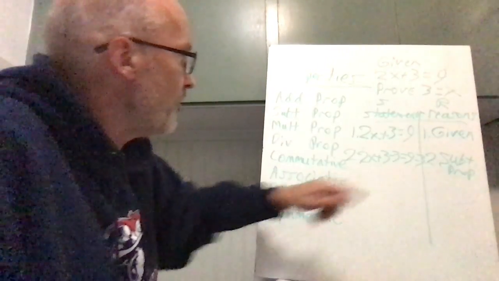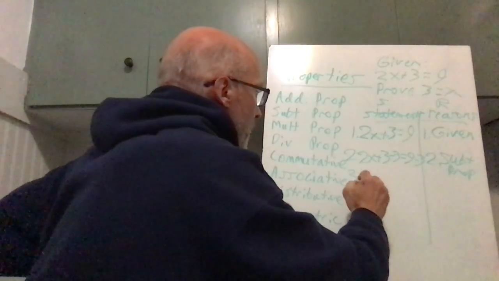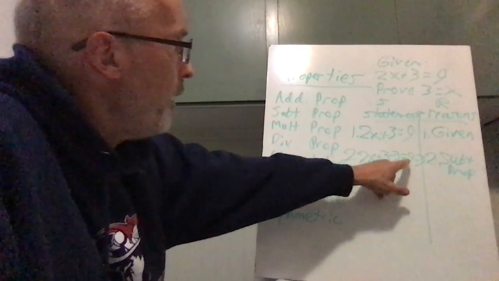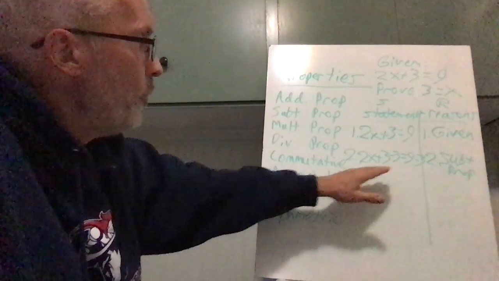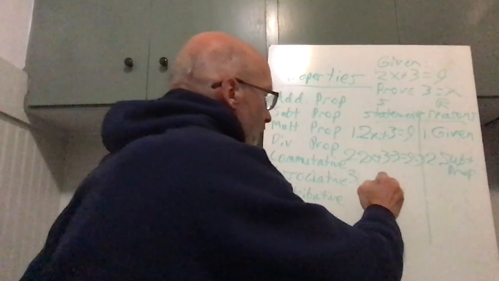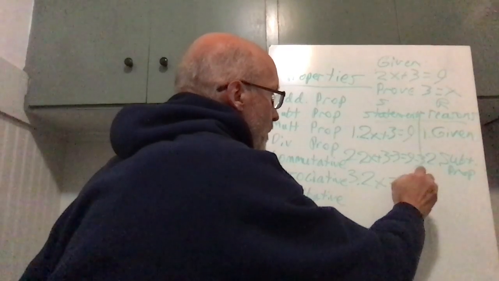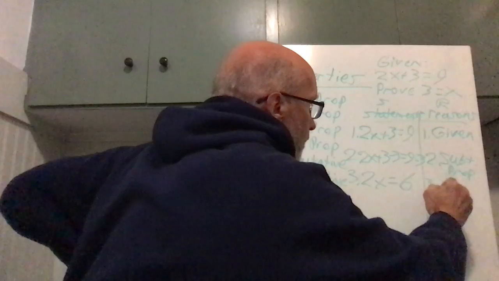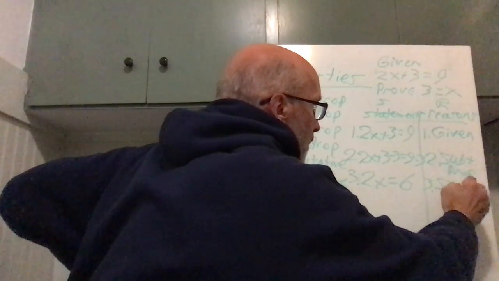Next step, step 3. You know that 3 minus 3 goes away, 9 minus 3 turns into 6. So we can rewrite this as 2x equals 6. And the reason why, you can just write simplify.